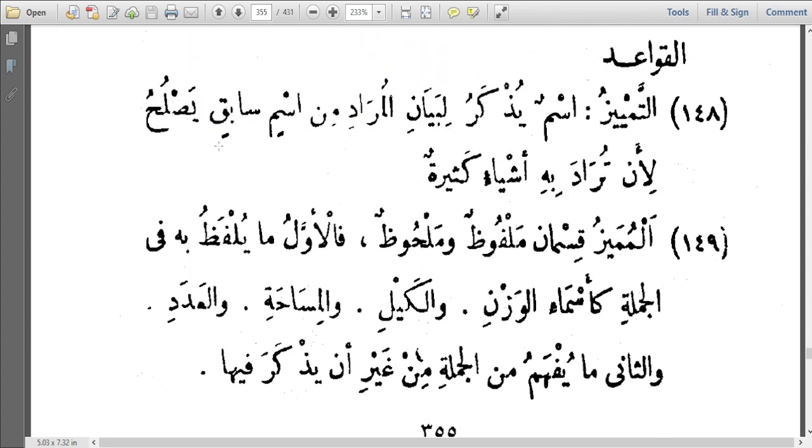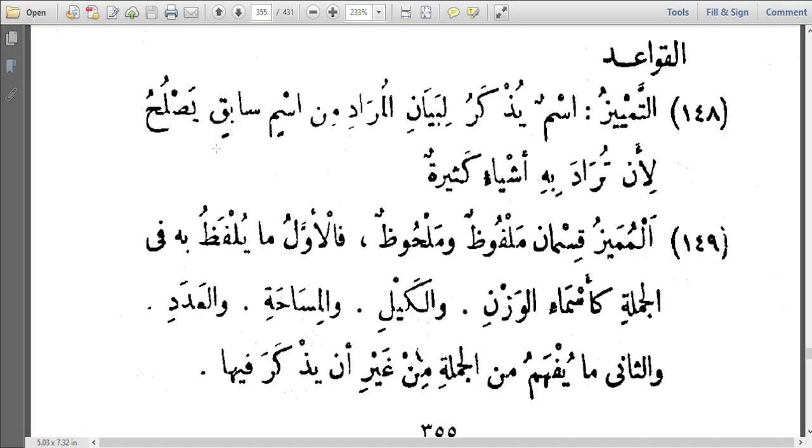نقرأ القواعد سريعا. القواعد: التمييز اسم يذكر لبيان المراد من اسم سابق يصلح لأن تراد به أشياء كثيرة. أشياء is ممنوع من الصرف, as we already know. He says التمييز is اسم يذكر, a noun.